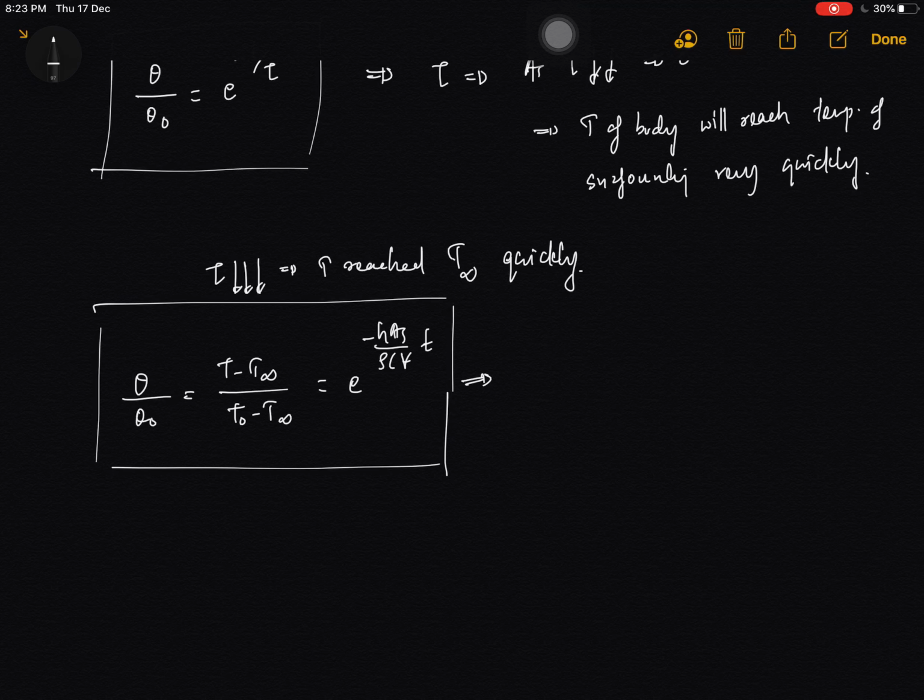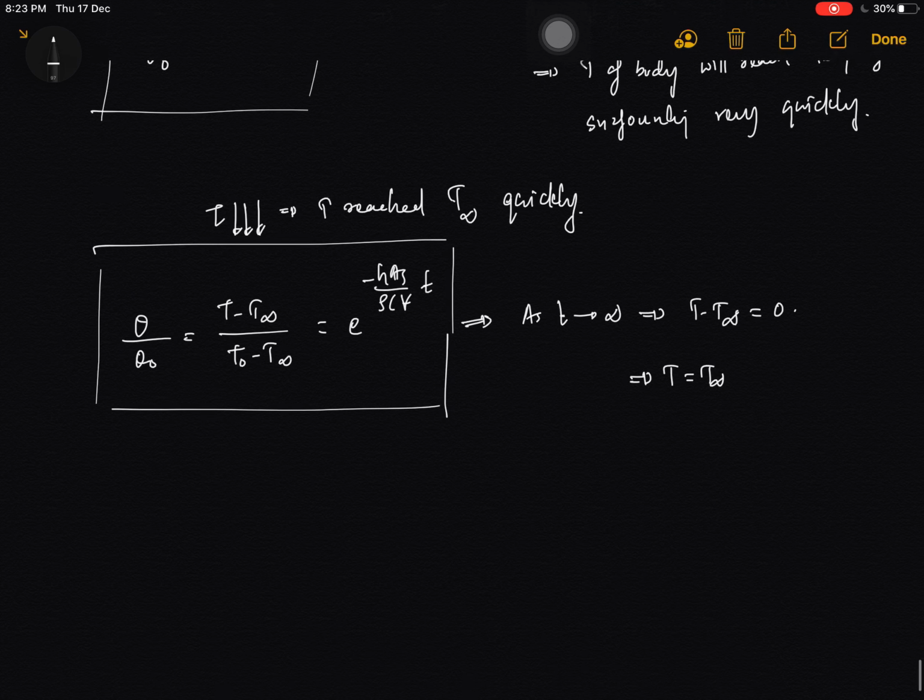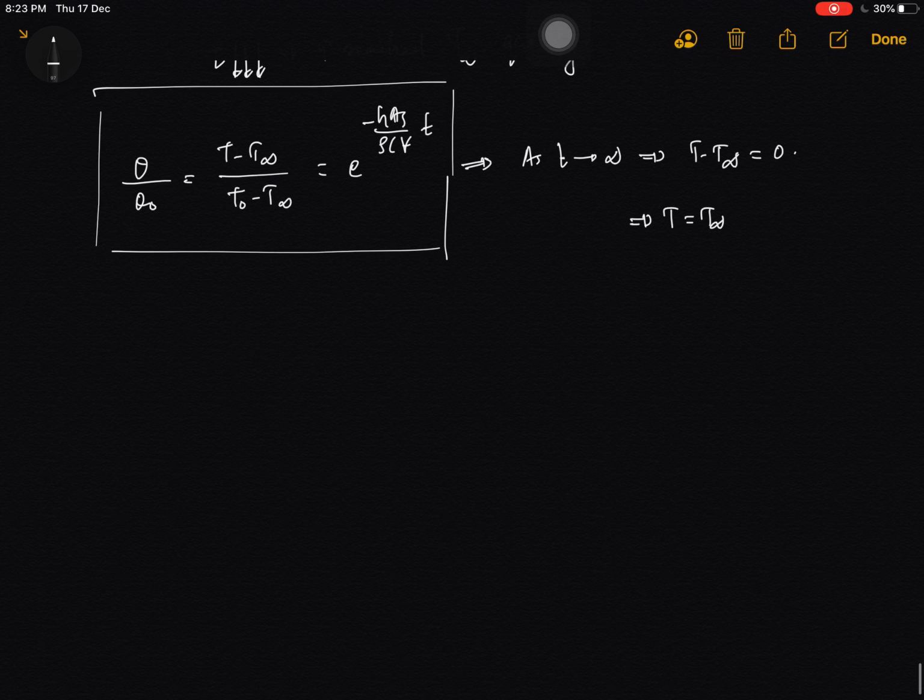And this can be the implication of this particular equation: as t tends to infinity, this equation will become T minus T infinity is equal to 0, which implies T is equal to T infinity, and that means as the time goes to infinity, the temperature of the body reaches the temperature of the surrounding.